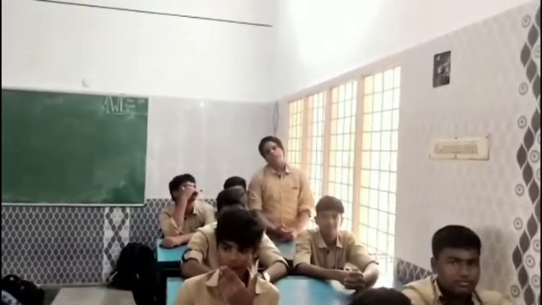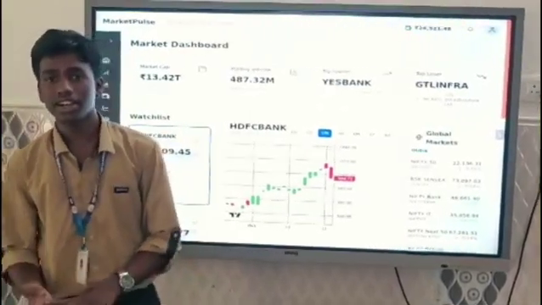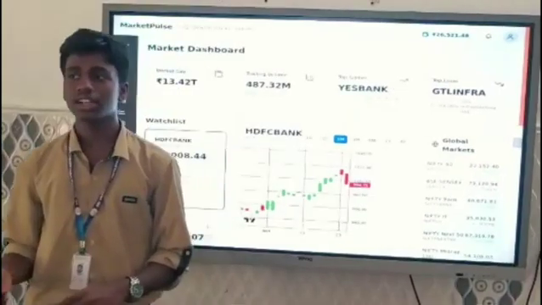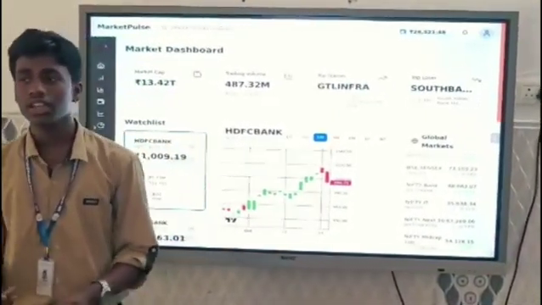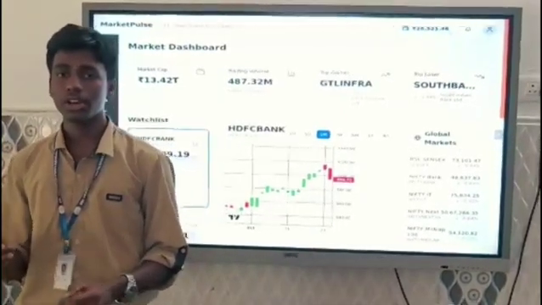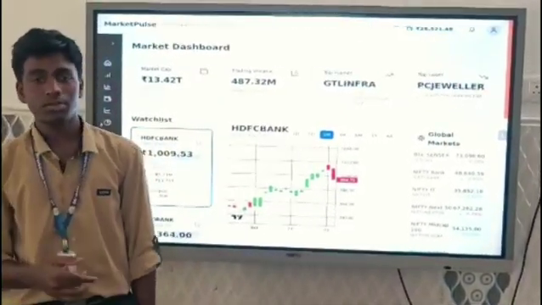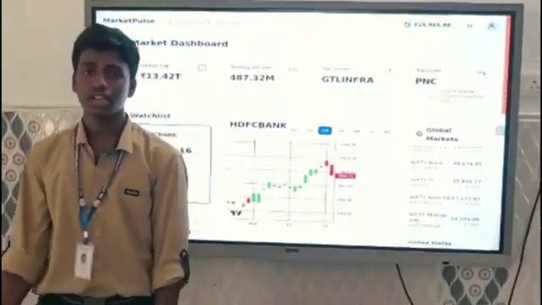How to buy and sell stocks? You can start trading through brokerage apps like Zerodha, Groww, Upstox, Angel One, etc. When we install the app, we should open a demat account with some procedures, and we can start trading. What is a demat account?